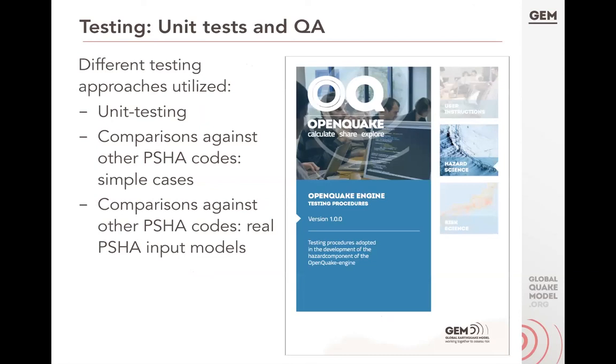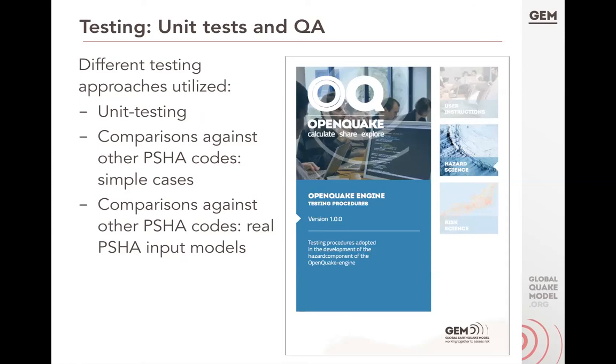This is a method of working with testing and quality assurance. So there are two kinds of tests that happen with the OpenQuake engine. The first kinds of tests are called unit tests, which are testing functional working of the different modules of the OpenQuake engine. So these are not necessarily testing for numerical accuracy, but just checking if all of the functional modules are working as they should be.